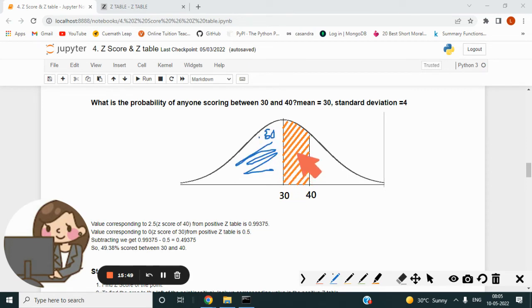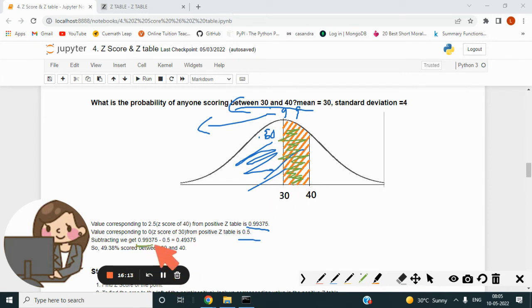Okay, and the area below 40 is 0.99 something, that we already knew. So the total area is 0.99 something, and this area is 0.50. So in order to get the in-between area, what we have to do is subtract the smaller area from the larger area, right?